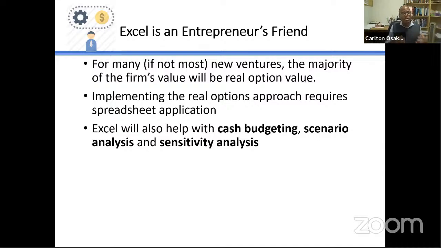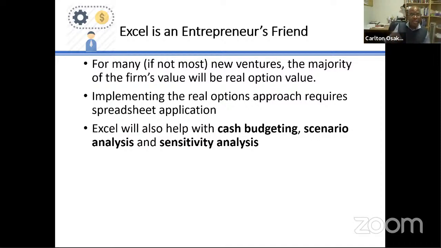Now, if as an entrepreneur you don't have them yourself, you can certainly go for help. And I'm not sure what happens at Berman U, but you might have students there that can help entrepreneurs develop the spreadsheets they need. We certainly do that in this course of mine.